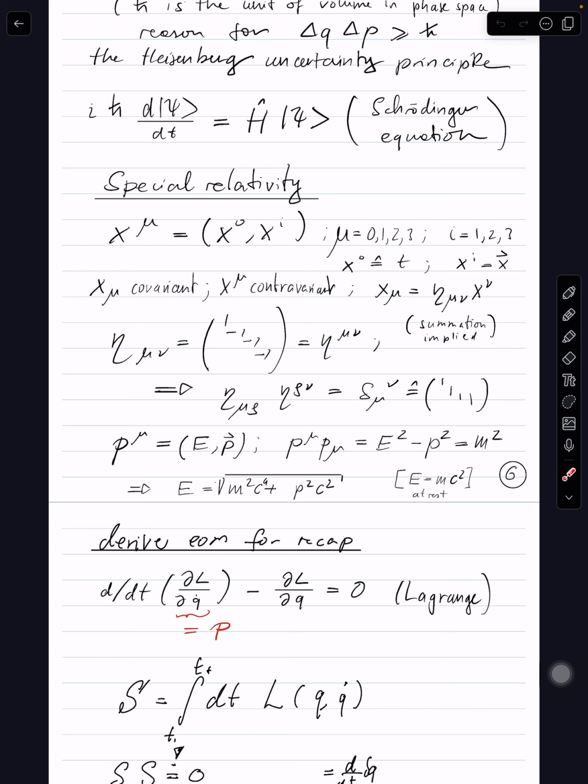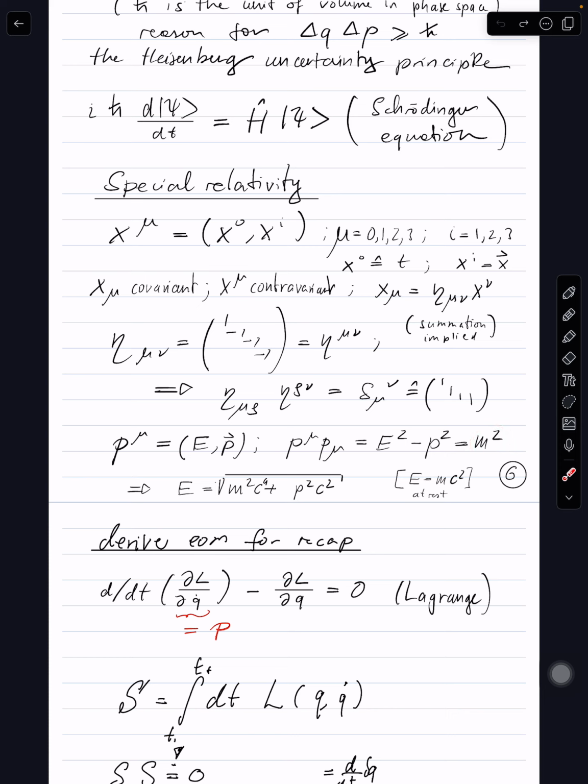A very common vector to be used is the four-dimensional momentum vector, with the zeroth component containing the energy and the spatial momenta sitting in the spatial components. If we do the contraction of the indices like that with the covariant and contravariant vectors, we get an invariant that is the same in all reference frames, namely the rest mass of the particle, m squared.